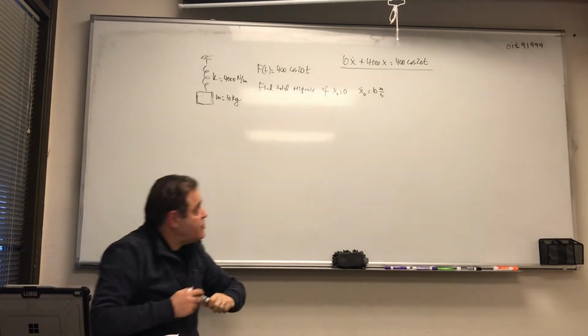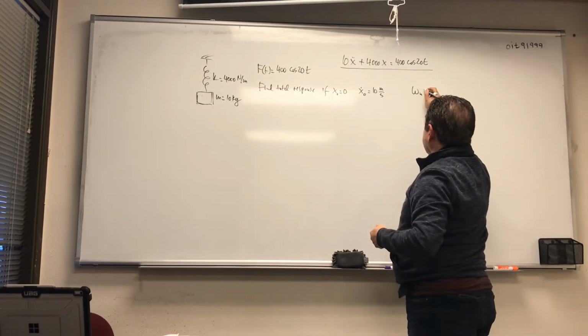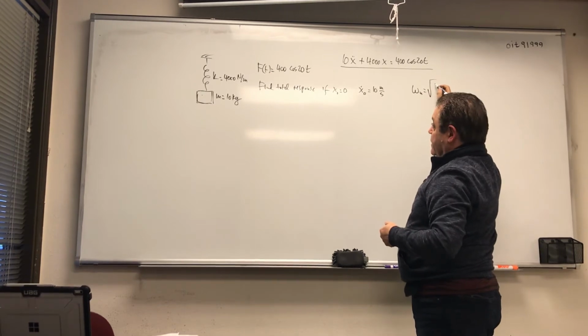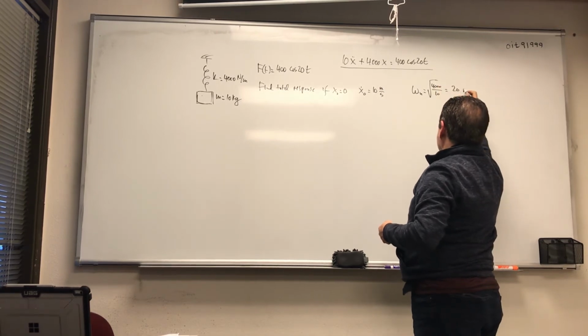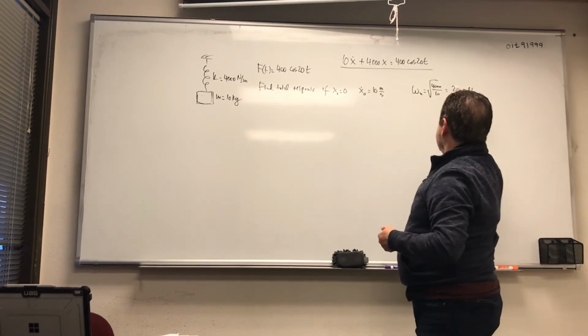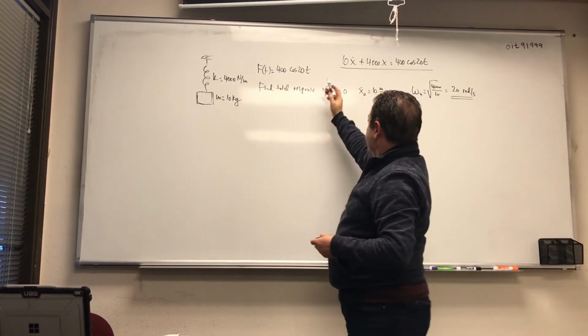So what is our natural frequency equal to? Square root of k over m, which is 4,000 divided by 10, which is 20 radians per second. So this one is equal to this one.